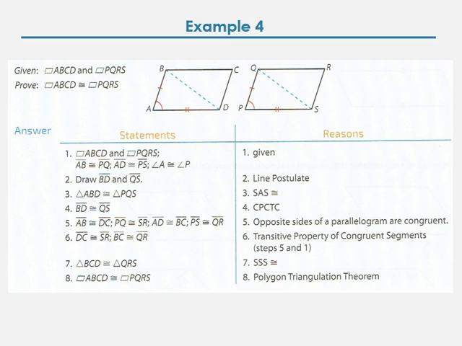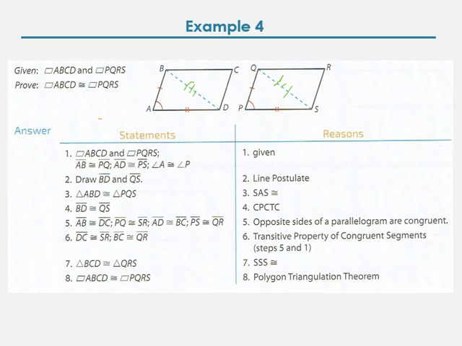So these diagonals, that's supposed to be 3 lines, hopefully you can see that, are congruent, and we're able to do that by CPCTC.